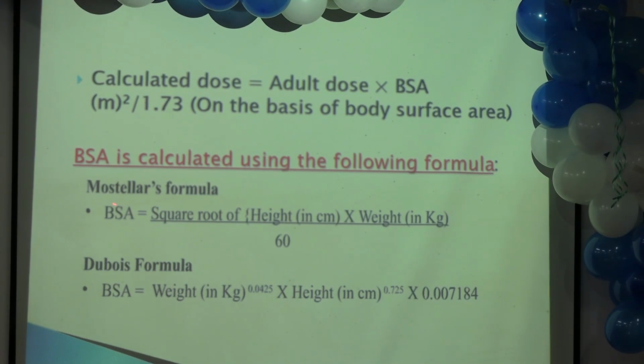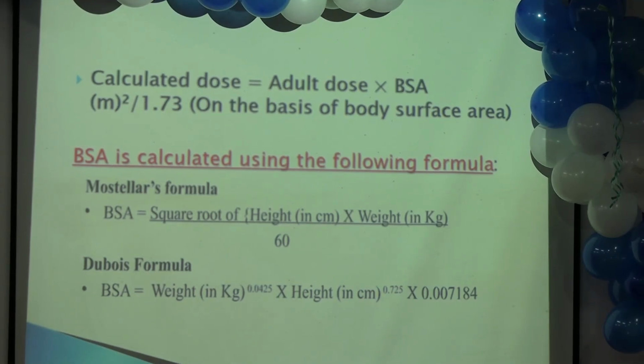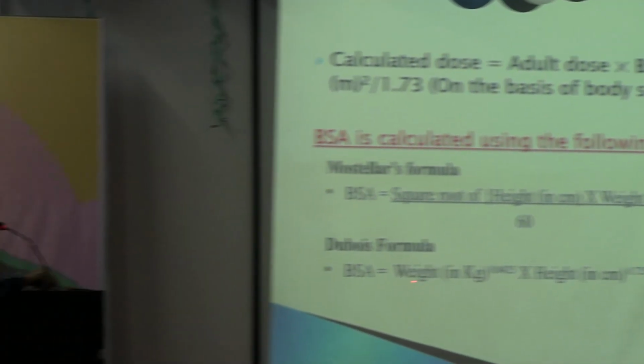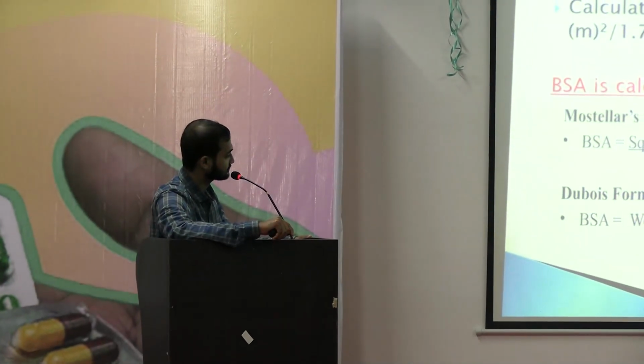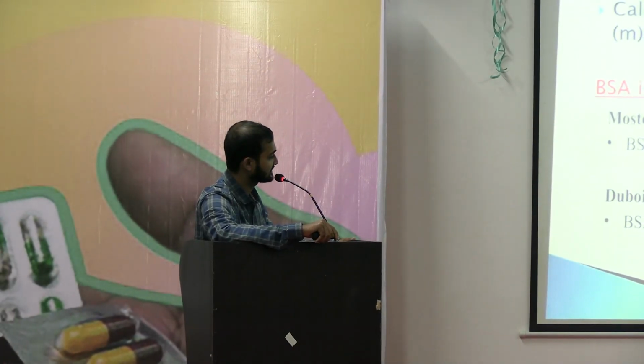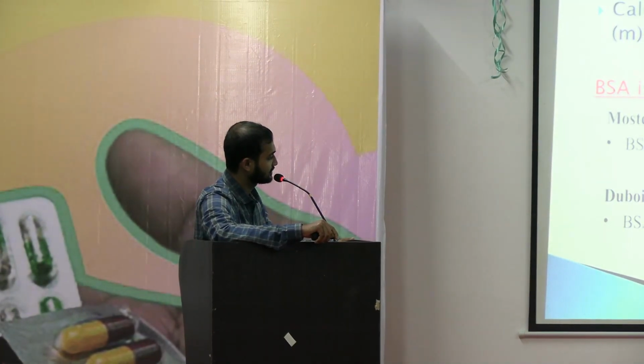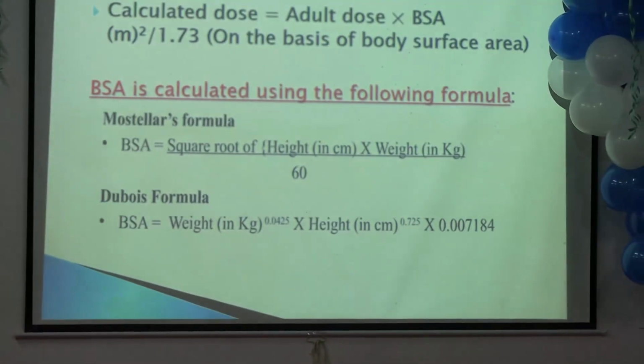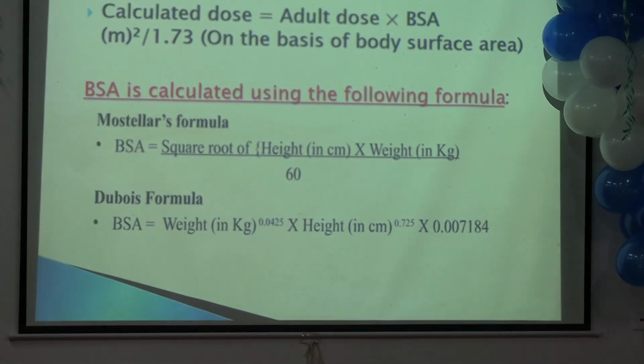Here, the body surface area equals the square root of height in centimeters multiplied by weight in kg divided by 3600. In the case of the Dubois formula, the body surface area equals weight in kg to the power 0.425 multiplied by height in centimeters to the power 0.725 multiplied by 0.007184.